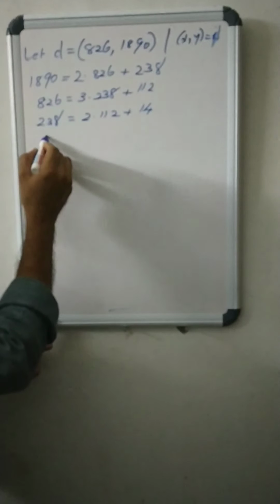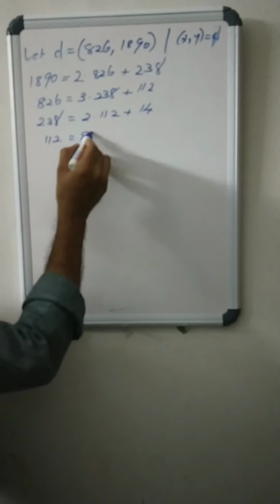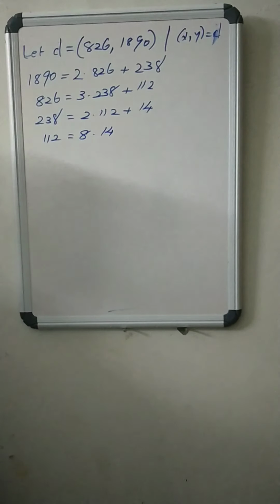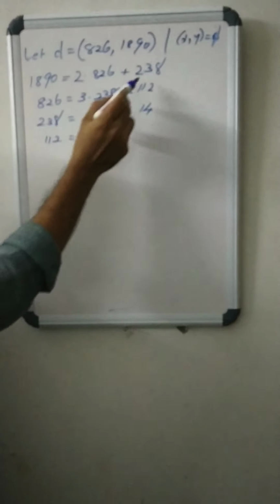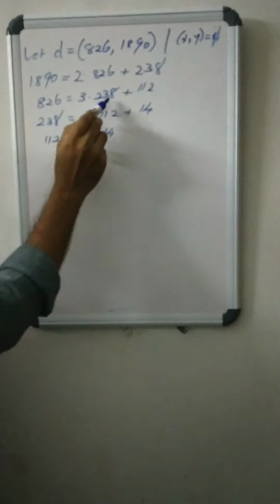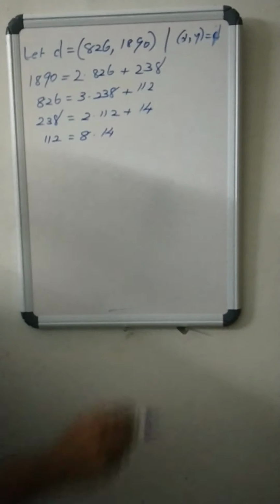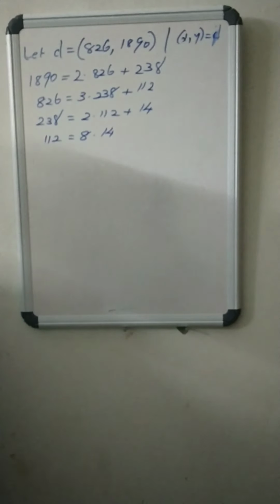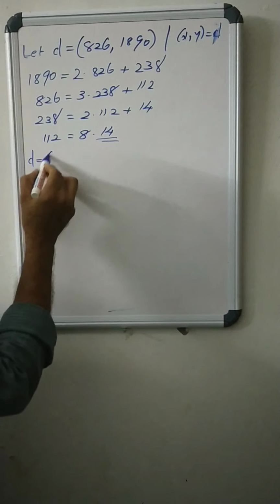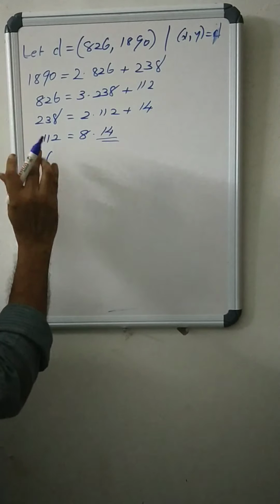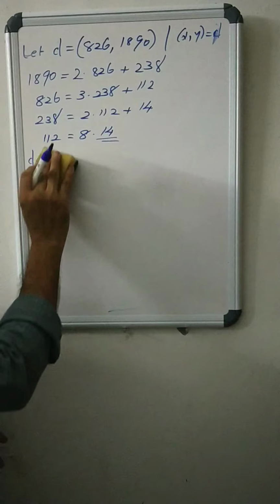And what is 112? 112 equals 8 into 14. So 1890 in terms of 826, 826 in terms of 238, 238 in terms of 112, 112 in terms of its remainder 14, and 112 is expressed as 8 into 14. So 14 is the GCD of 826 and 1890. So D equals 14.